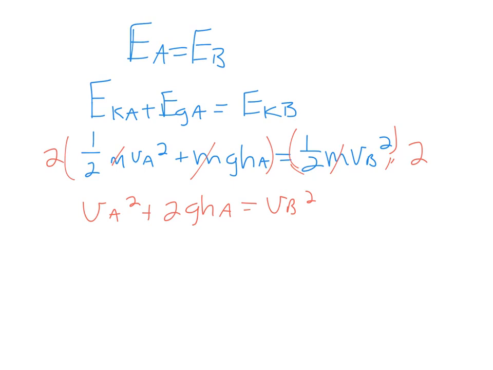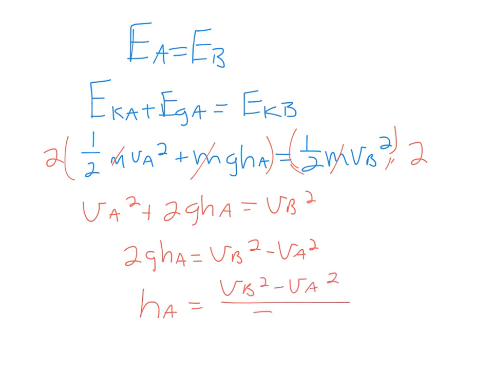We're looking for height at A, so I'm going to isolate that. 2G height at A equals VB squared minus VA squared. Dividing both sides by 2G, we get height at A equals VB squared minus VA squared over 2G.